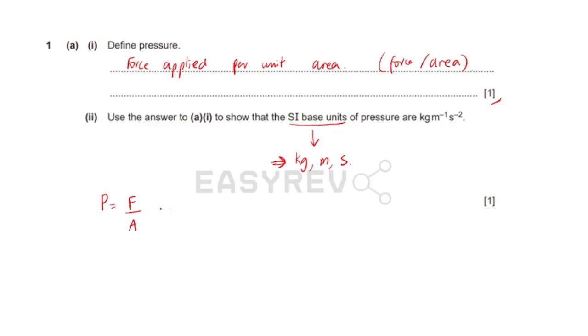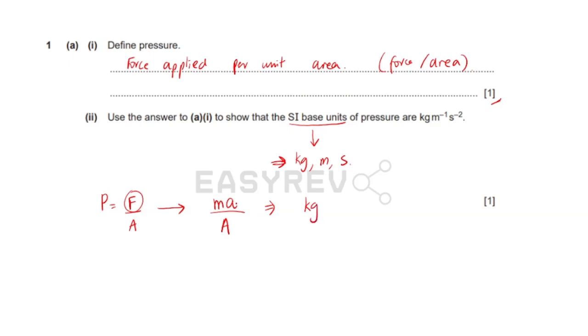So here we can first write the formula for force using Newton's second law, where force represents mass times acceleration. Mass times acceleration over cross-sectional area. This substitution works because now all of our quantities can be written in terms of base units, because that's precisely what their SI units are. For mass, we know the SI unit is kg, so I can write that directly.